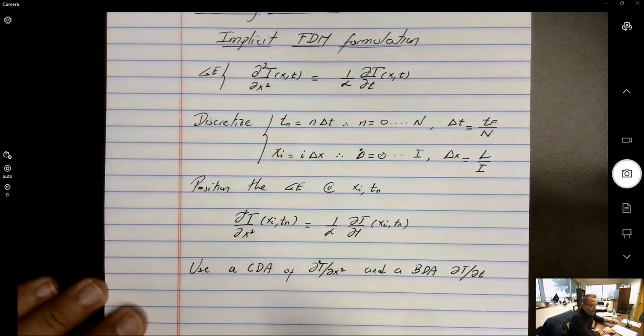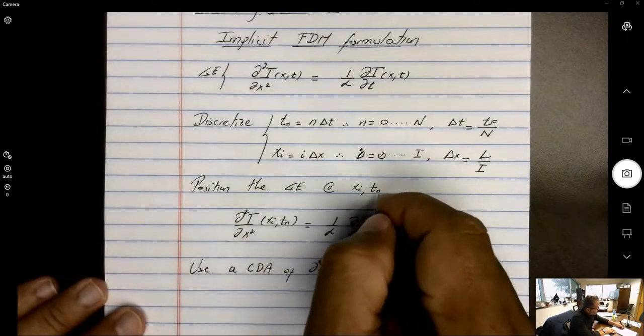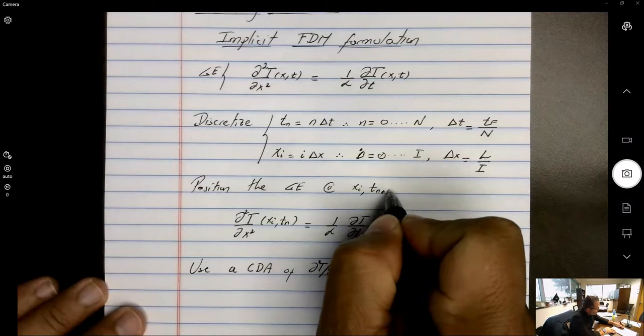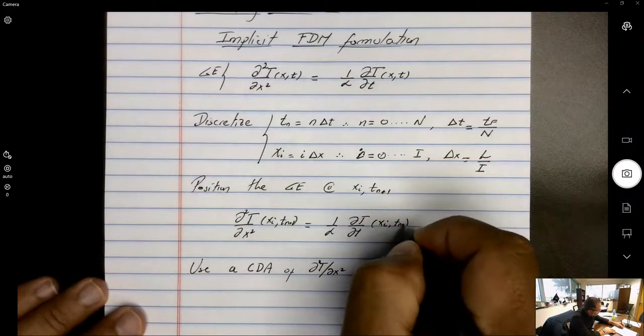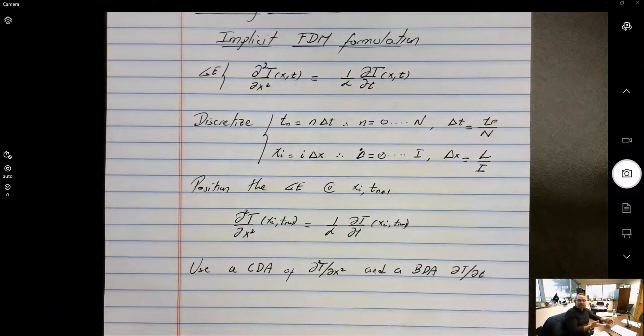And to make things a little bit clearer, instead of positioning at t_n, I'm going to position at t_(n+1). This will make things a little bit more simple to understand. It's the same. Instead of relating n to n minus 1, we'll relate n plus 1 to n.